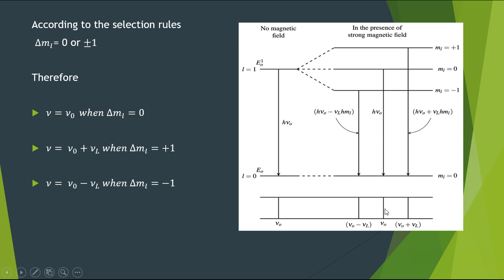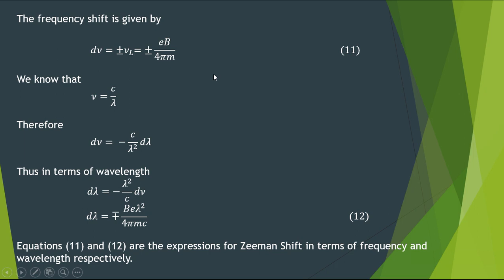So the frequency separation here is plus nu L and in this direction it is minus nu L. So nu L represents frequency shift, which is also the Larmor frequency. Therefore, frequency shift is given by d nu, which is equal to plus or minus nu L, the Larmor frequency, which is equal to plus or minus eB by 4 pi m.